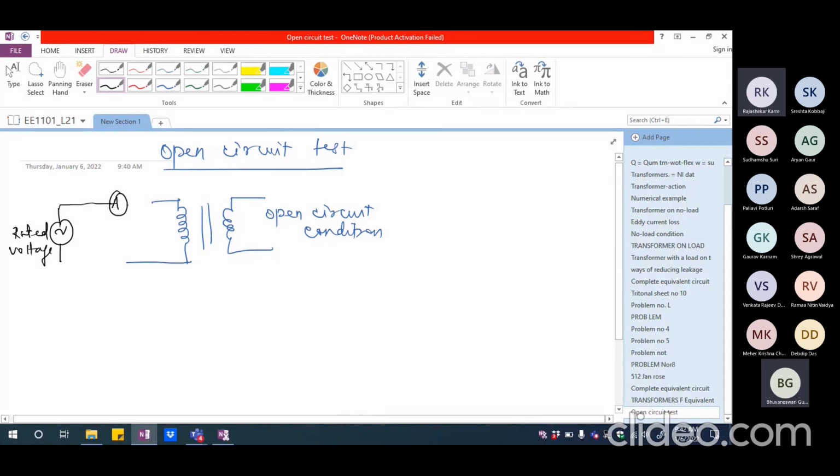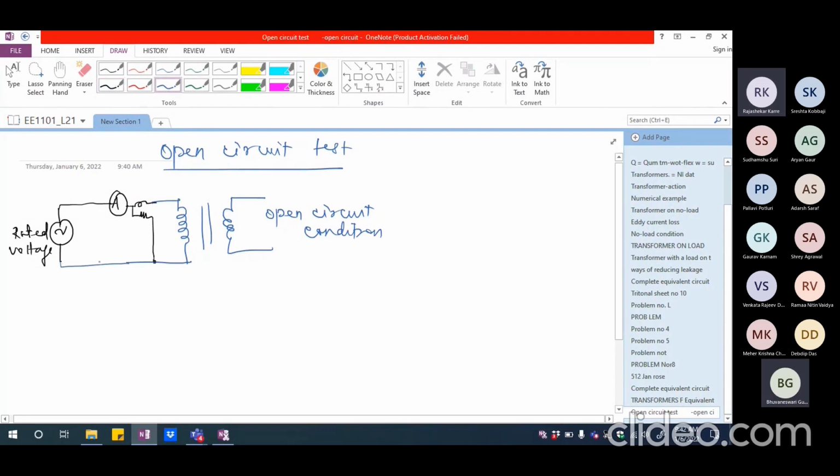We are talking about AC, so there is no plus minus. Okay. And you are going to connect the wattmeter also so that you would be able to get exactly the amount of power that is being consumed by the transformer at no load condition. When there is no load, the load is not consuming any power.